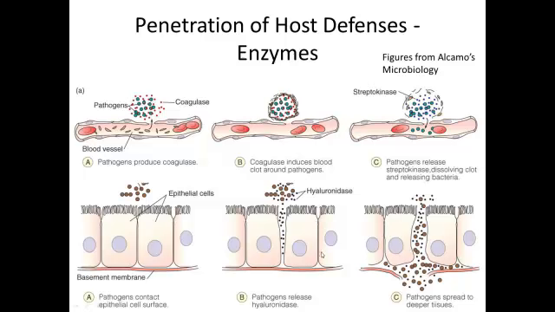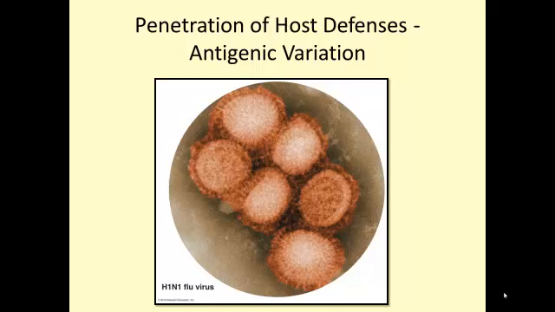That's the type of acid that keeps this cell kind of glued to the next one. So if it can break down that glue, it can get through, break down the basement membrane, and get into the deeper tissues. So that would be penetration of host defenses by actually breaking through the barrier of, in this case, the mucous membrane.